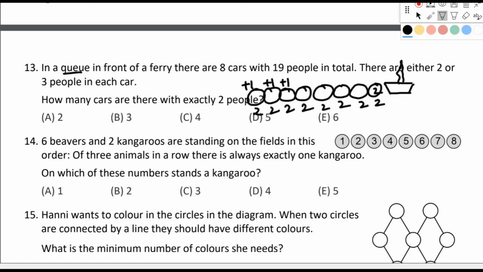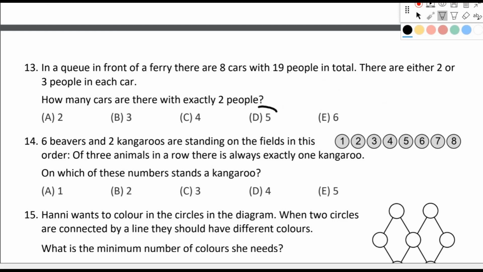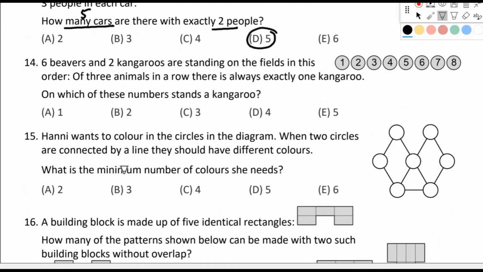So there are 3 cars which have 3 people each, and there are 5 cars which have 2 people each. So for the 13th question, the answer is 5. There are 5 cars in which there are exactly 2 people. That is the 13th question.